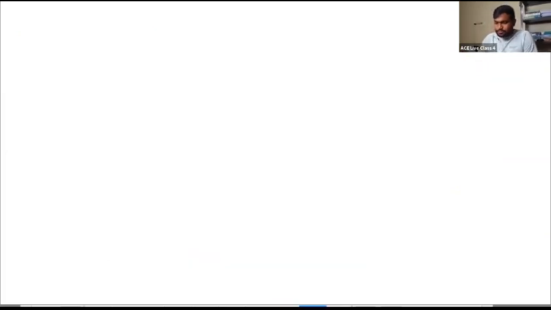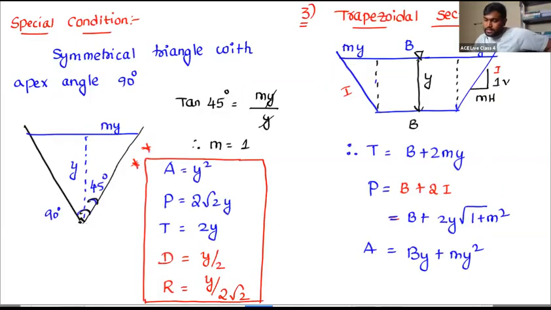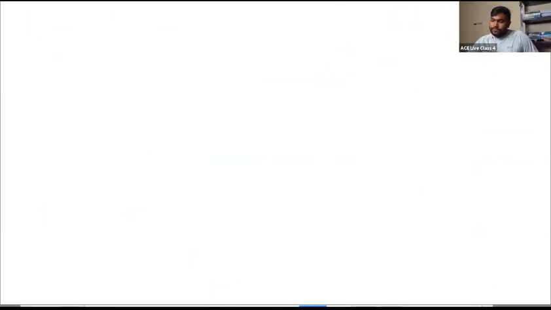Now the last topic for today, in the same trapezoidal section. I have given special conditions for rectangle and triangle, and now for the trapezoidal I'm giving you the special condition.